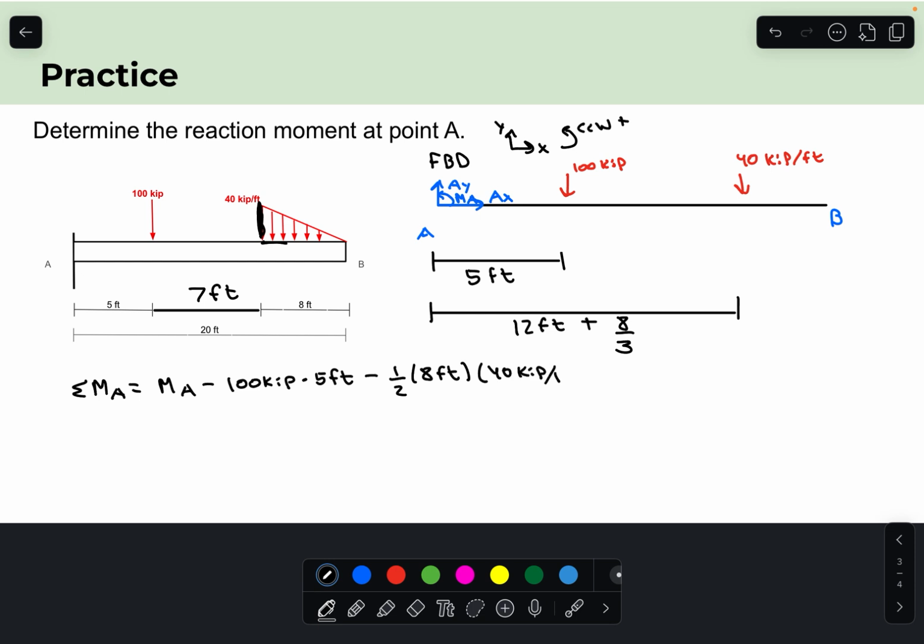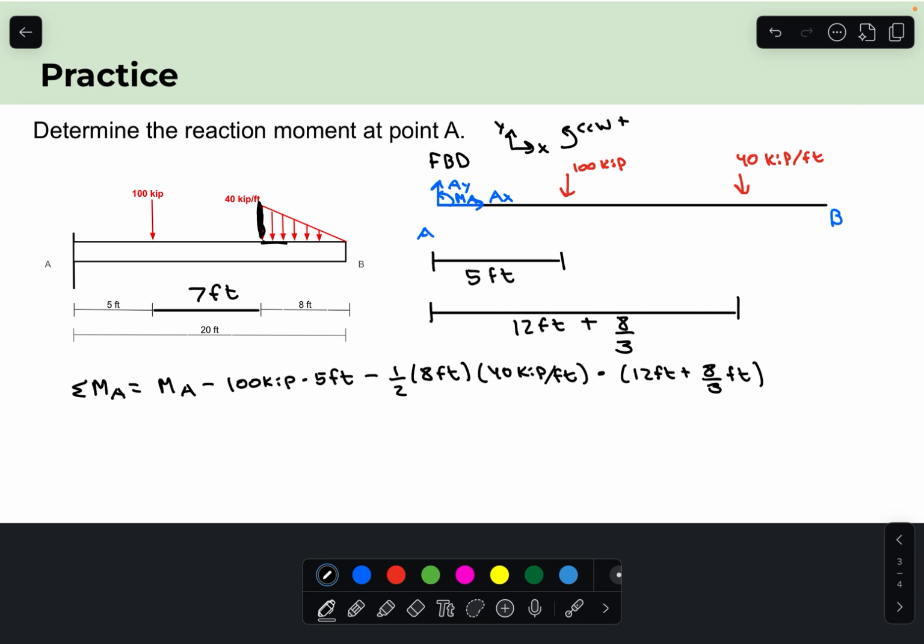Now, should this have been a rectangle, we do length times width, but because it is a triangle, we do 1/2 base times height in order to get the magnitude. Now, keep track of our units here. You will see that this feet and this feet will cancel out, leaving us with kip. And remember, a moment is a force times some unit length. So we need to tack on that 12 feet plus 8/3 feet to get our unit of length. And then there is our moment.